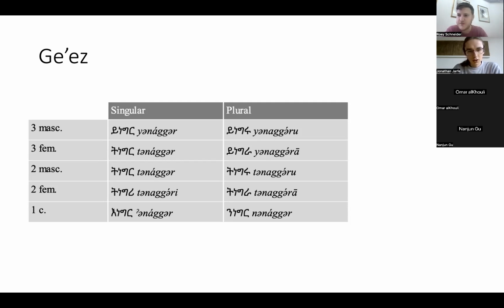So Yenagir from Nagarka and Yagabbir from Gabarku or whatever, or Gabra. So he will speak Yenagir, she will speak Tanagir, exactly the same as you, masculine, will speak Tanagir, as in other languages. You, feminine, Tanagiri. And I will speak Anagir, and in the plural, Yanagiru, Yanagira, Tanagiru, Tanagira, Nanagir.